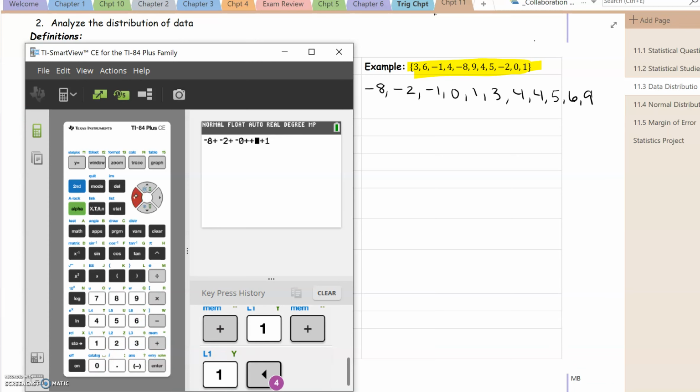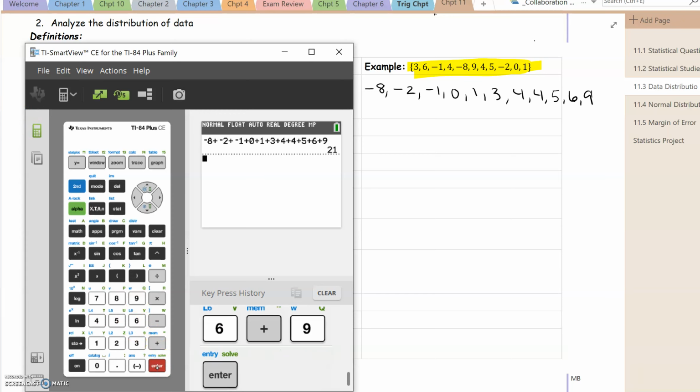Hold on, I messed up. Sorry, let's try again. -8 plus -2 plus -1 plus 0 plus 1 plus 3 plus 4 plus 4 plus 5 plus 6 plus 9.